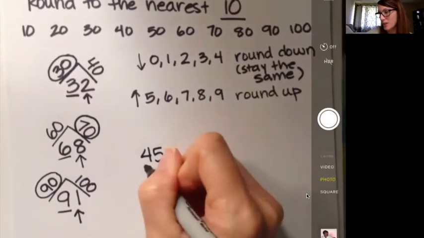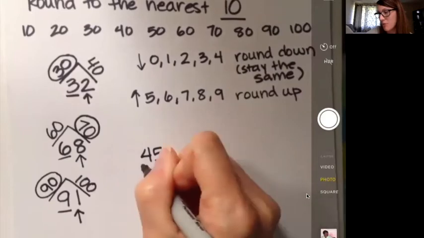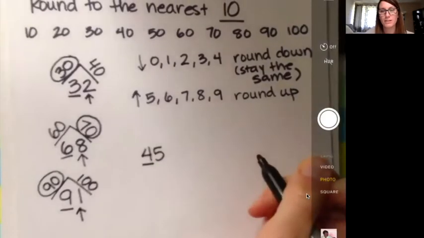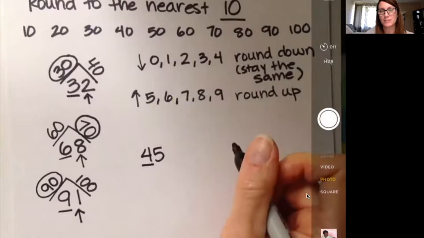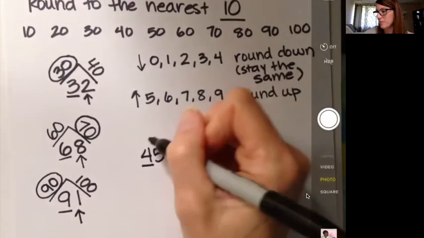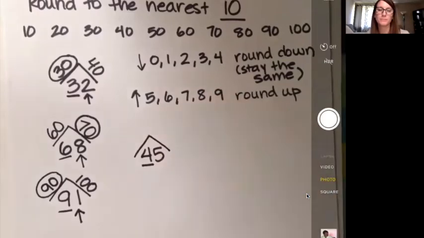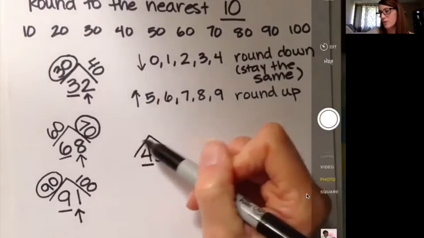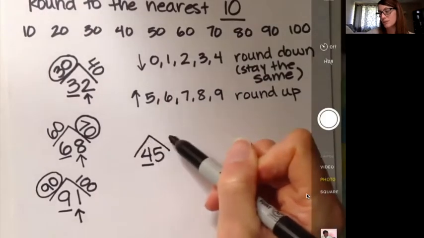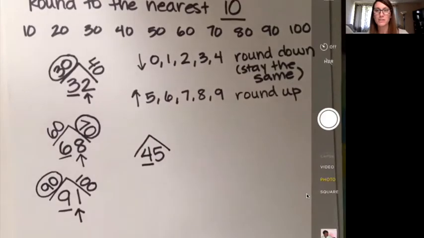I hope you underlined the tens place, and that would be 4. Then what do we do? Yep, we build that roof on top of our house. Now here's your challenge. I want you to think about what two numbers I need to put here. Go ahead and take a minute to do that.